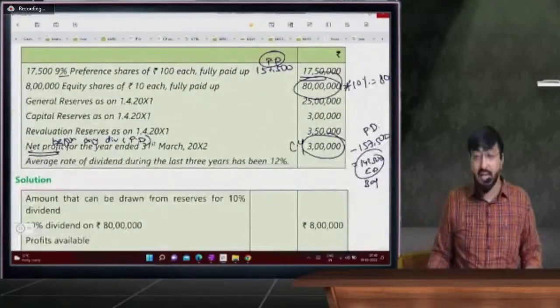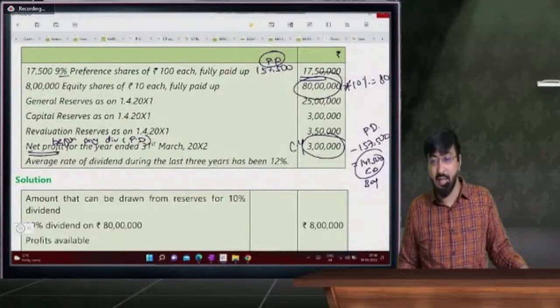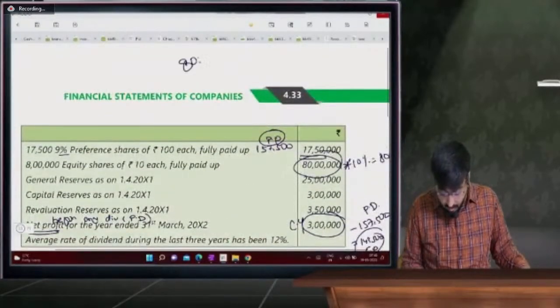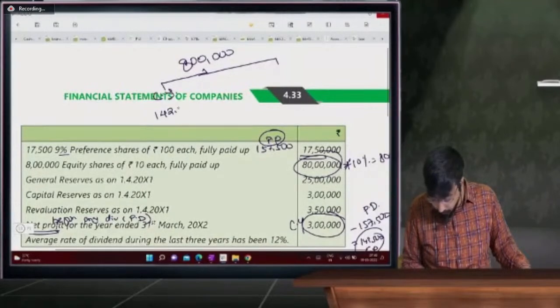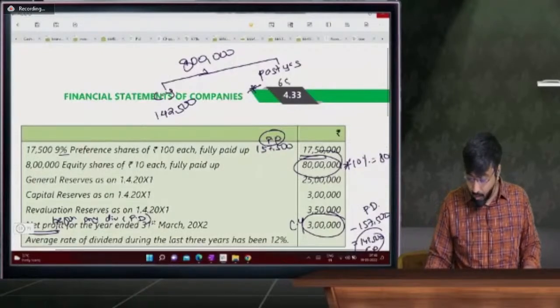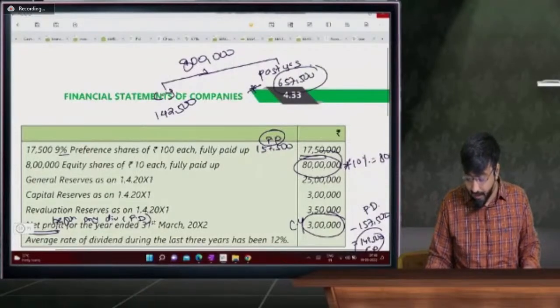Now, beta, for 8 lakhs, the equity dividend, current year availability is 142,500, and from past years profit you are going to use 8 lakhs minus 142,500. So past year profits we want are 657,500.